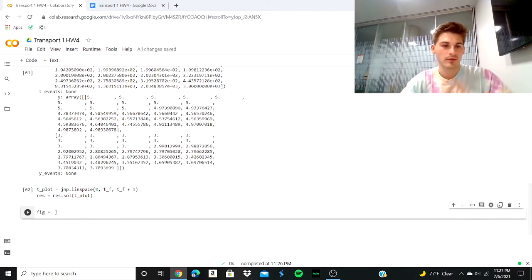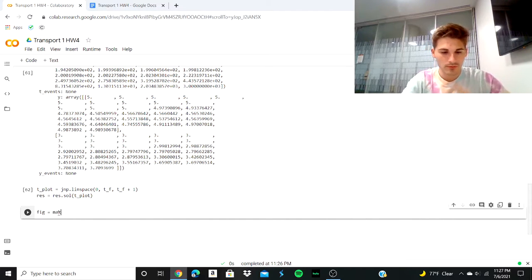So from here we can plot the dH dt across that time interval, and then also plot the flow rates entering our two tanks and how they change across that same time interval. Of course, that time interval is tplot.